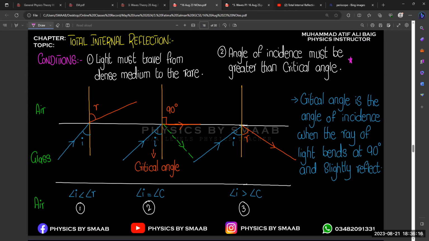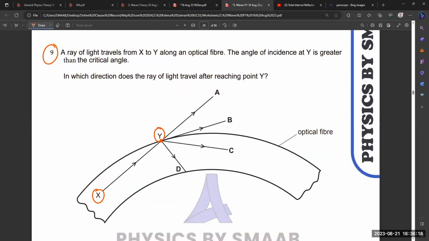When the angle of incidence is greater than the critical angle, it means that light will completely reflect back into the same medium. So light will completely internally reflect.